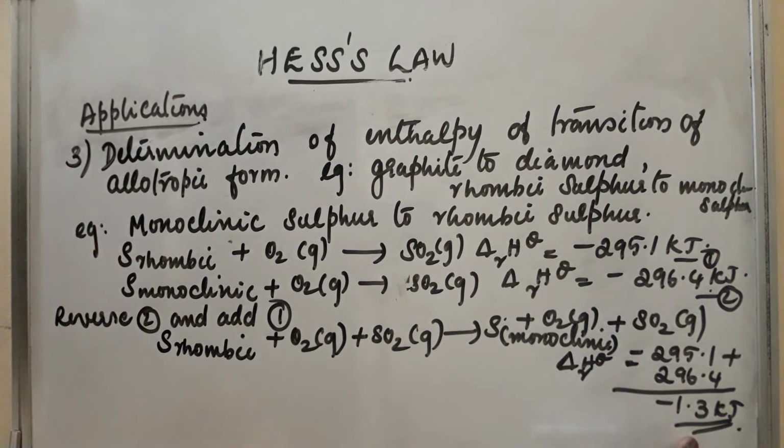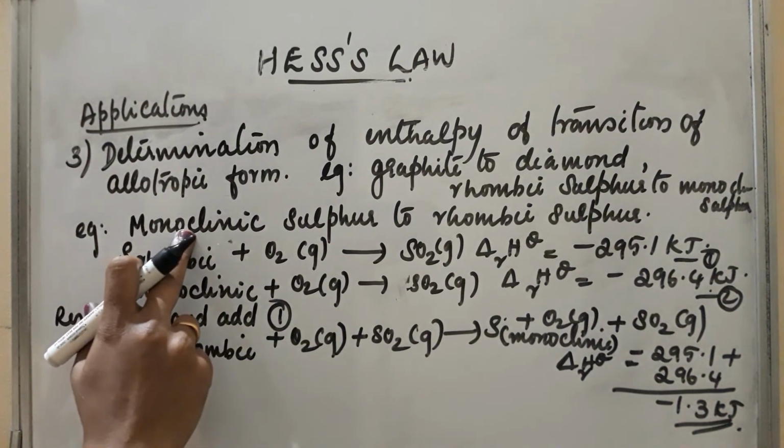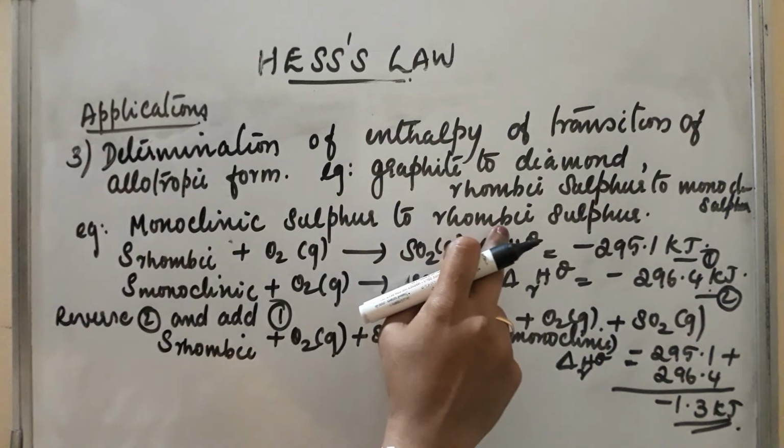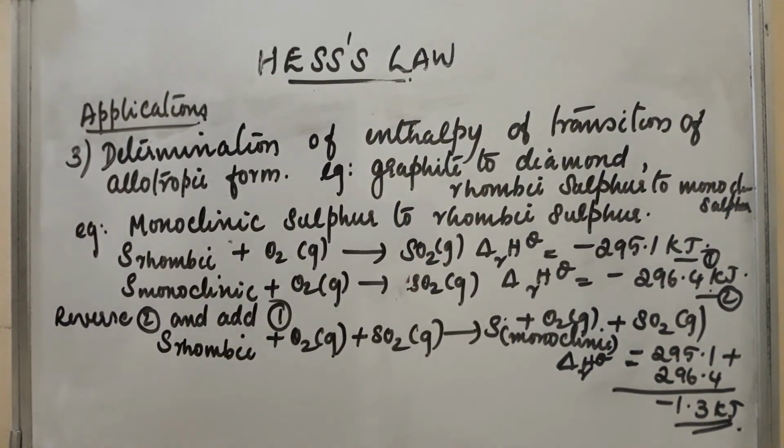This is an exothermic reaction from monoclinic sulfur to rhombic sulfur. So the energy change, delta H, is minus 1.3 kilojoule. This much energy is released during the change.